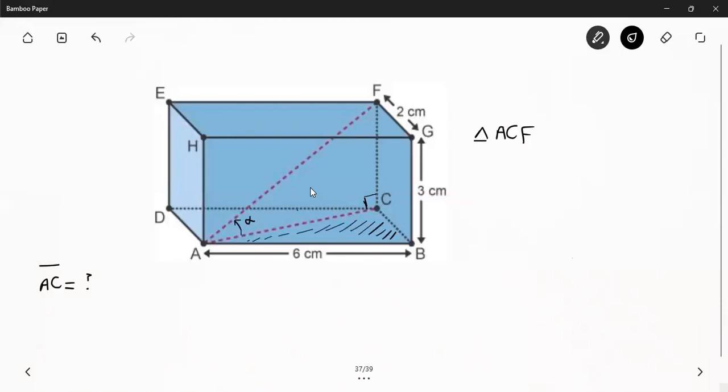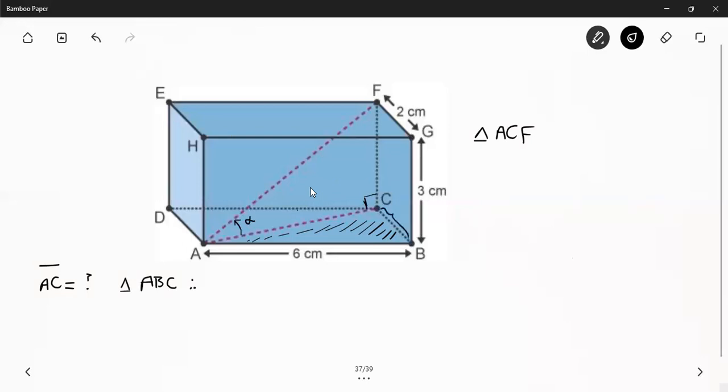In this triangle ABC, AC is the hypotenuse. Because AC is the hypotenuse, what is the length of BC?